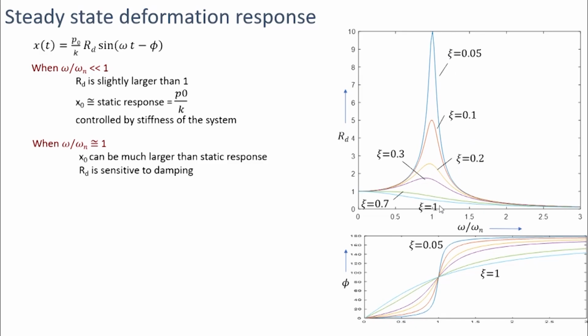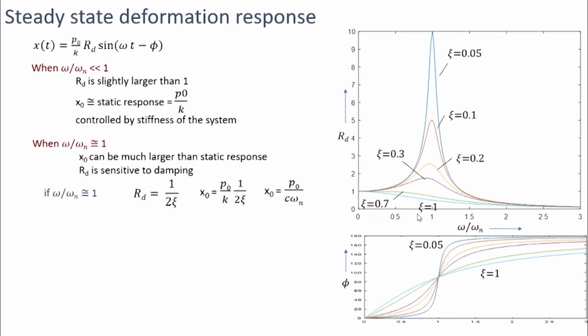For a very high value of damping, like damping equal to 0.7, say, it can happen that the Rd value is less than 1 when the frequency ratio is 1. But for all real structures, the damping will be much smaller, so the Rd value will be more than 1.